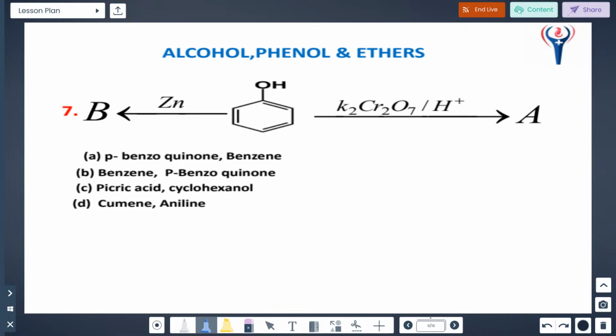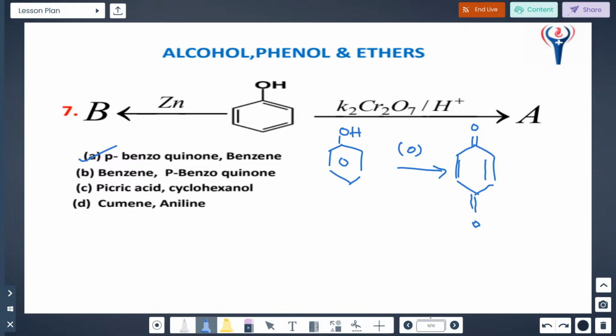Phenol is oxidized; here inside the benzene we have only 2 double bonds, and a double bond to O, double bond to O. This compound is called parabenzoquinone. So A is parabenzoquinone. When phenol is oxidized, we always get the product parabenzoquinone.